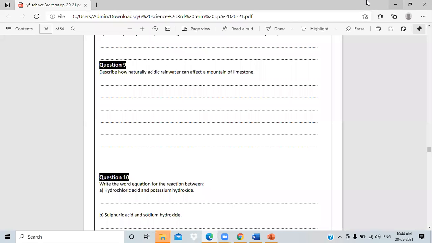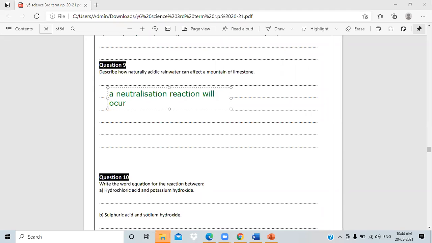You're just going to write that a neutralization reaction will occur, producing salt and water.